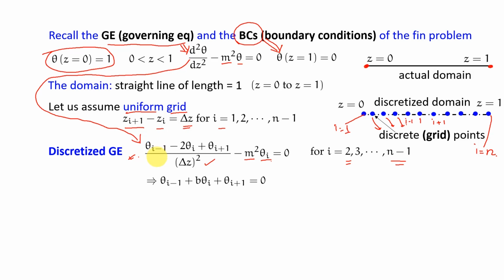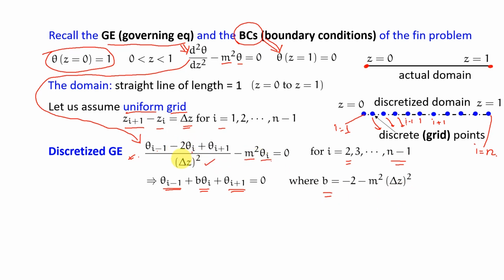This equation contains theta i minus 1, theta i, and theta i plus 1. All three are unknown, and we can simply write this in the form theta i minus 1 plus b theta i plus theta i plus 1 equals 0, where b is minus 2 minus m square delta z square.